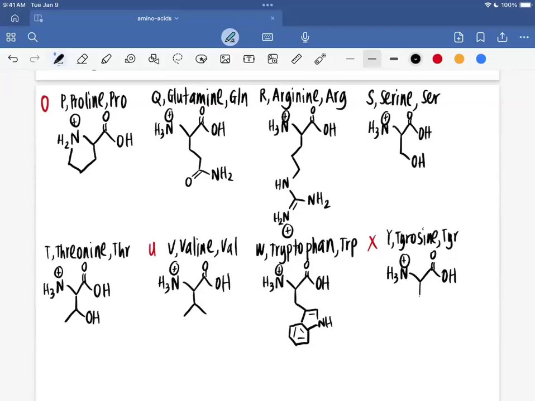Tyrosine is essentially an extension from phenylalanine. So if we draw the structure, this is phenylalanine. The key difference is the addition of an alcohol at the para position. So the para position has an alcohol.